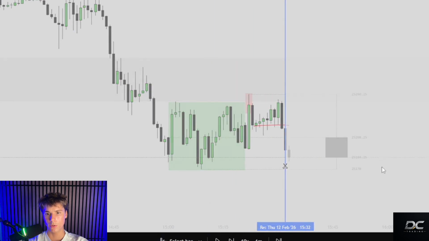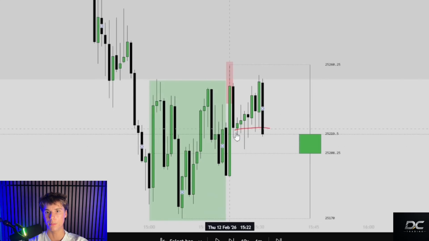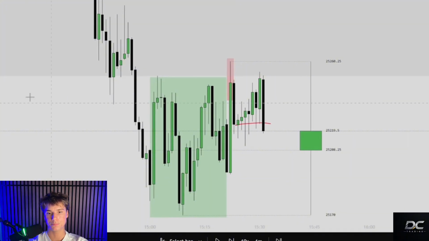So what you want to do is wait for that most recent leg to the upside. I would take the opening price of this first up close candle. And the same thing if I was bearish, I'd take the opening price of the first down close candle that created that leg up.